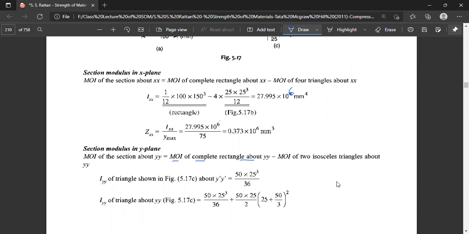So the Iy of the triangle about its own axis y dash is b into h to the power 3 divided by 36.